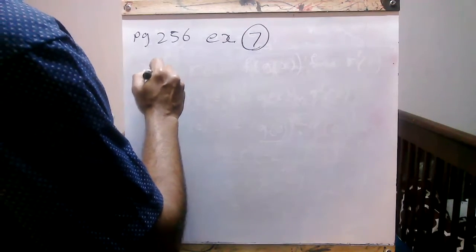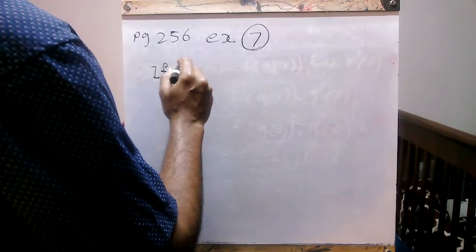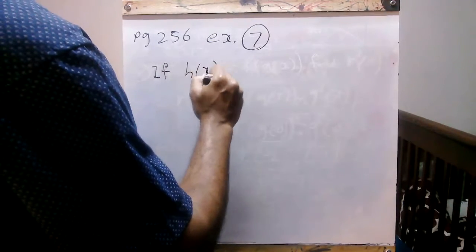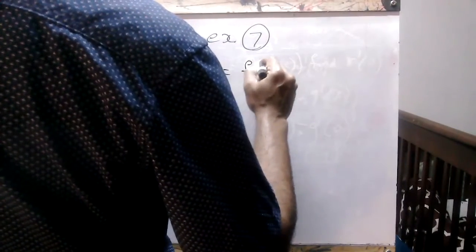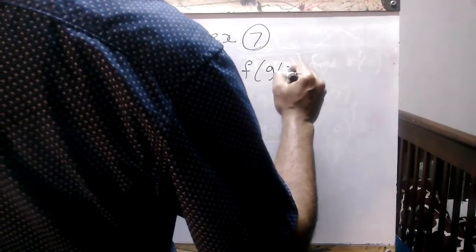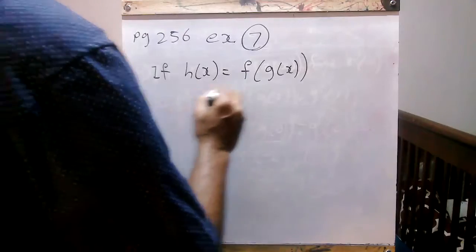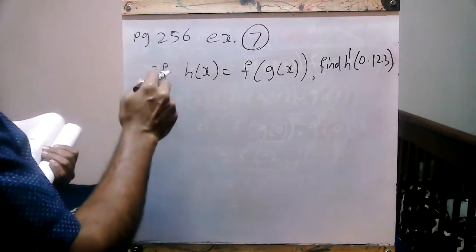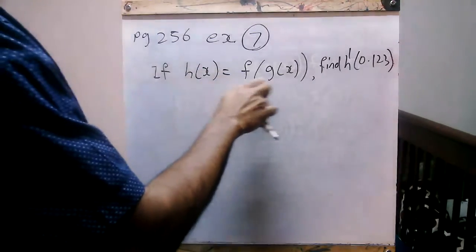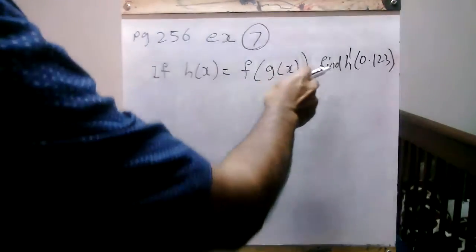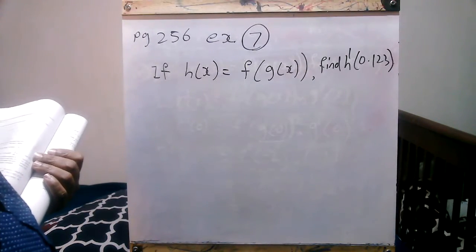Again, the question is, if h(x) is equal to f of g of x, find h'(0.123). Now h(x) is defined as f composite g of x, and we have to find h'(0.123).